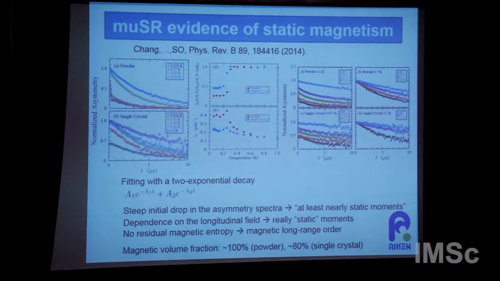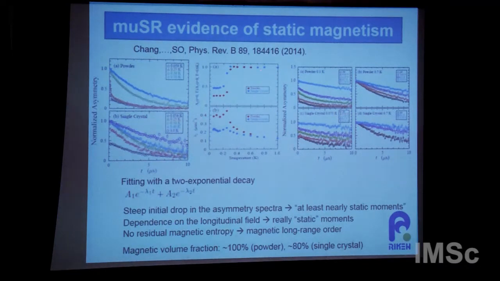So there should be a local moment, both in a powder and in a single crystal. Here we have already seen some drop, but this drop occurs much more quickly than in a powder. Here there should be a time scale resolution limited by the instrumental resolution.